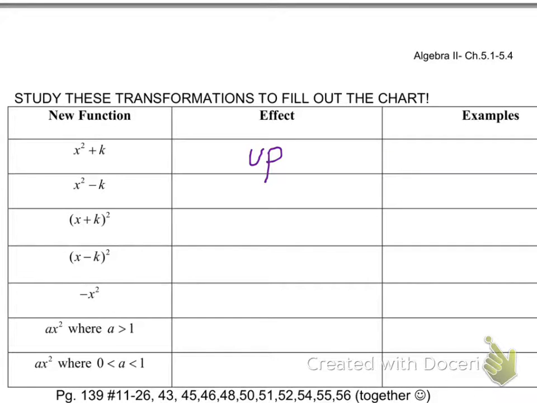If it's minus, it's a shift down. An example of a shift up would be x squared plus 4. An example of a shift down would be x squared minus any number, say 10. There are plenty of examples, I'm just giving you one.